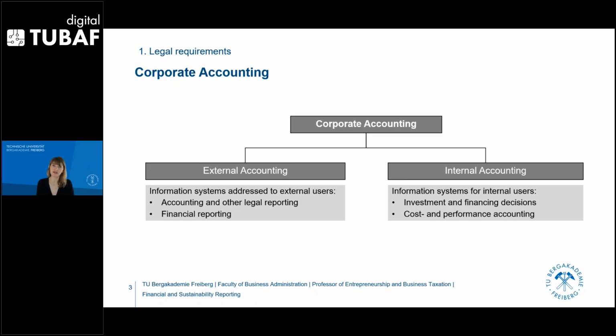And we have then internal information on the other hand, as part of the controlling function of the company. So the financial reporting we are talking about is addressed to external users.